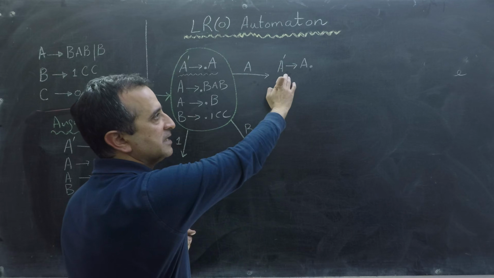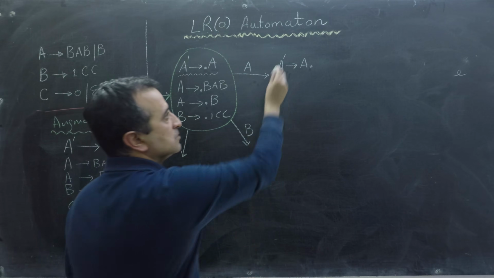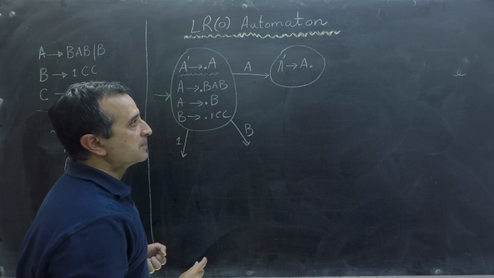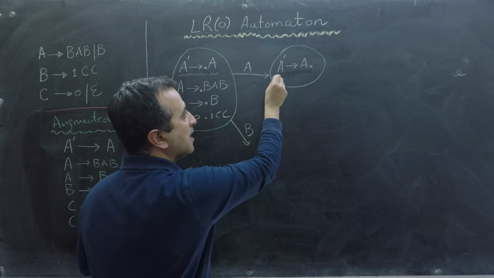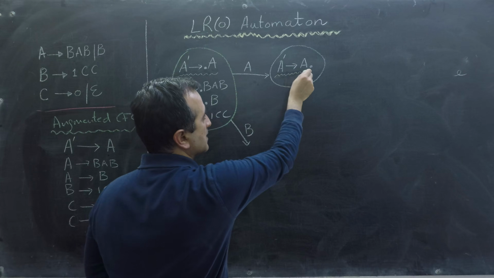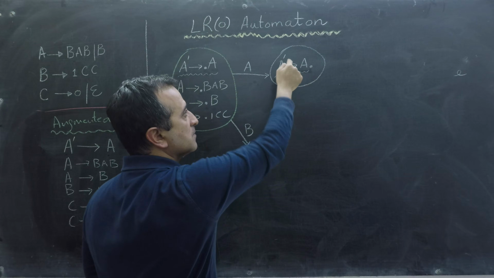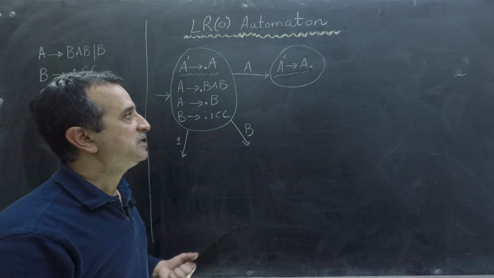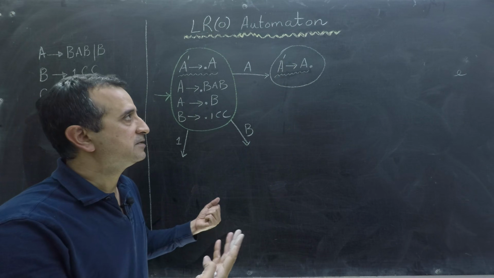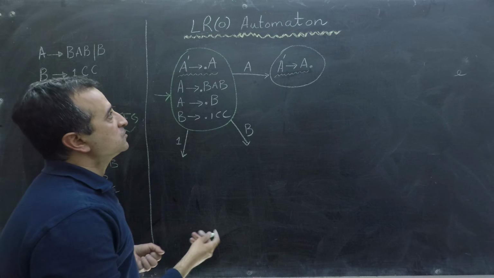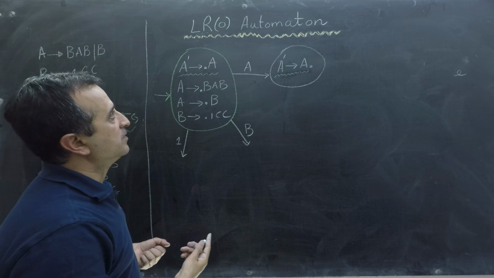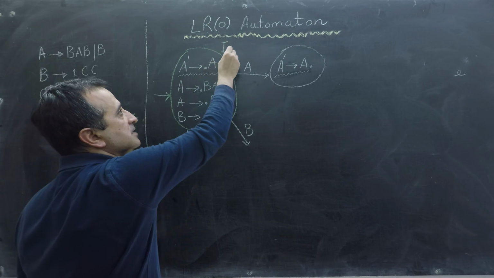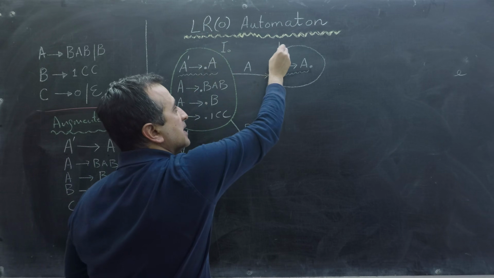I'm done with this state. So this is my second state of the DFA. Also, let me mark this item, as this item was the original item of this state, which could have created more items. And also, let's name our states. Let's name this state I0 and this state I1.